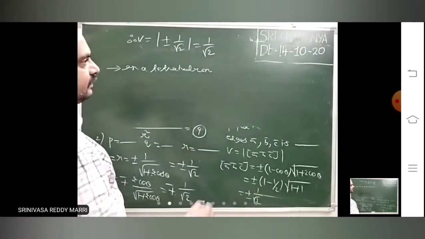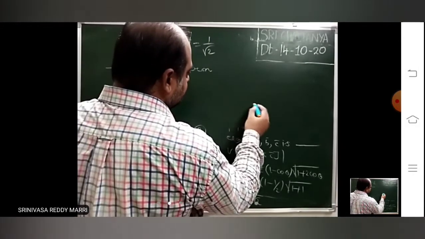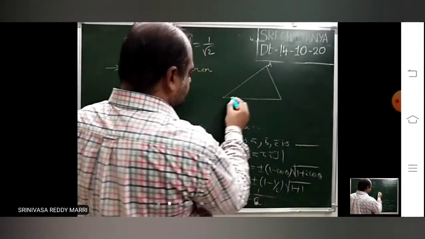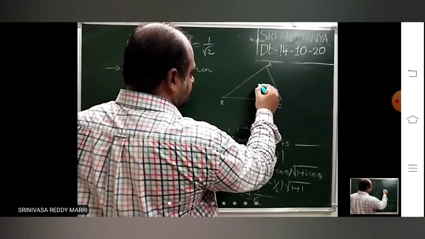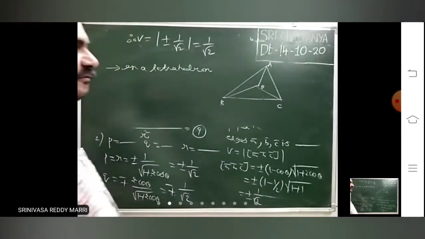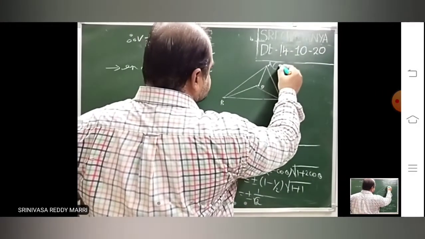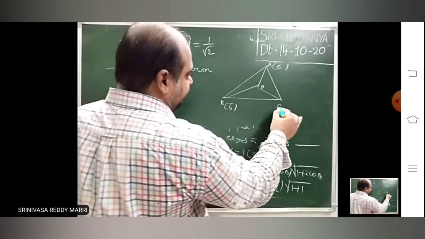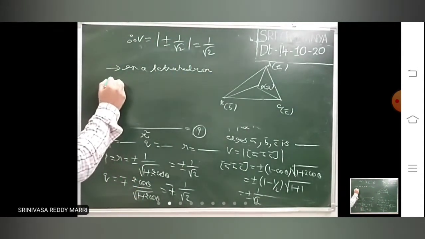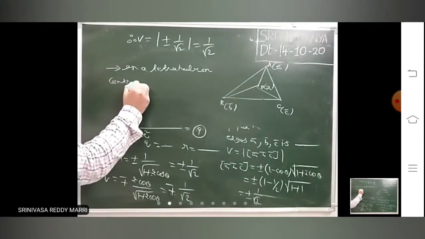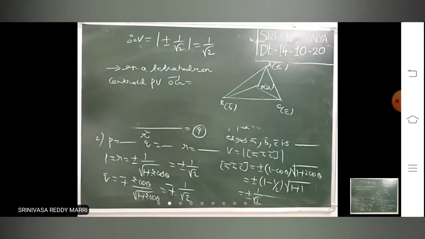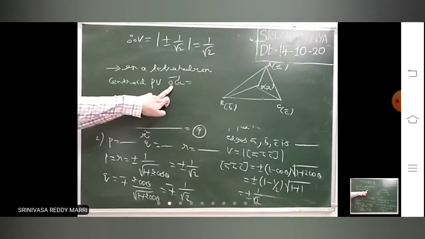In a tetrahedron, look at, like this tetrahedron is there. Four faces will be there. If the position vectors are A bar, B bar, C bar, D bar, then the centroid position vector, let us say centroid is OG bar.